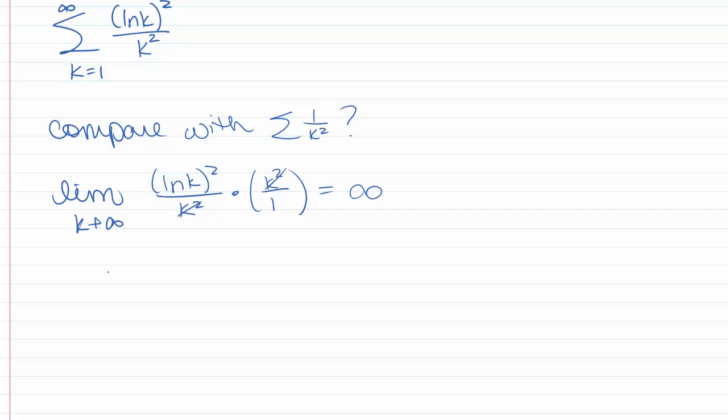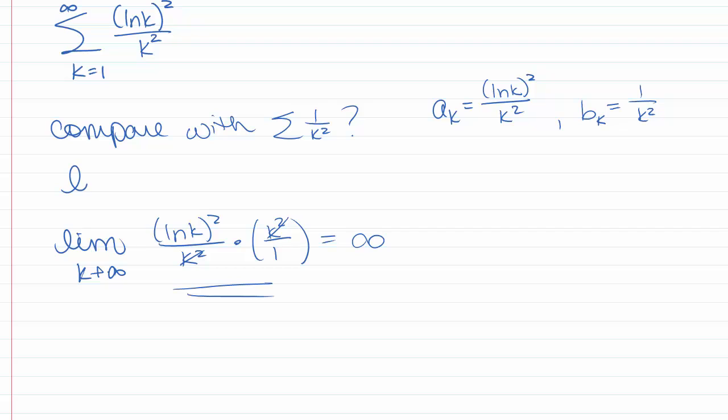And so you might be thinking, oh, I can't apply the limit comparison test. But actually, remember that you might still be able to apply it, because there were these extra conditions where if you got a limit of infinity or you got a limit of 0, it still told you something. So what does it tell us if we get this limit of infinity? Let's say that a sub k is natural log of k squared over k squared, and b sub k is 1 over k squared.